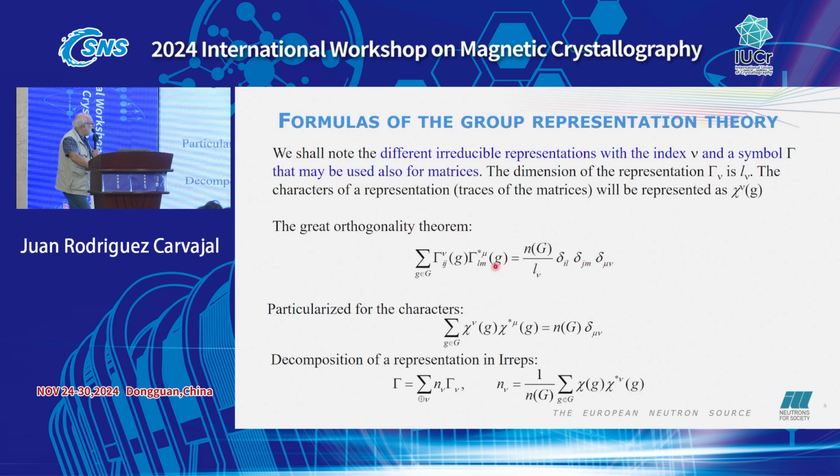Then, for instance, one important concept of the representation theory is the trace of the matrices, which are called in representation theory characters, the character of the representation. The character is the sum of all the diagonal elements of the matrix.